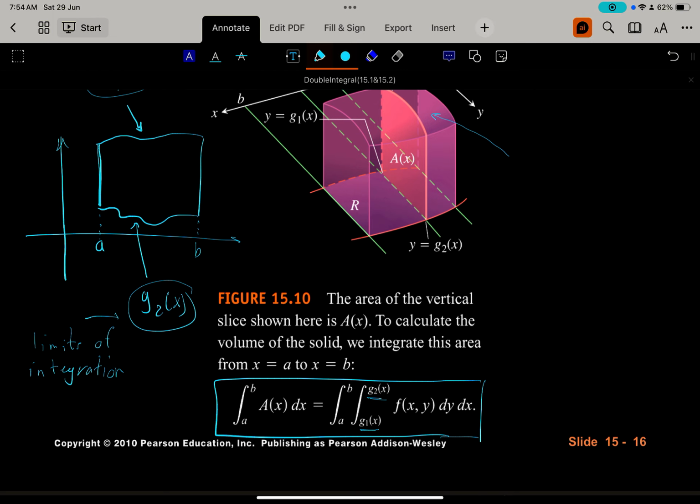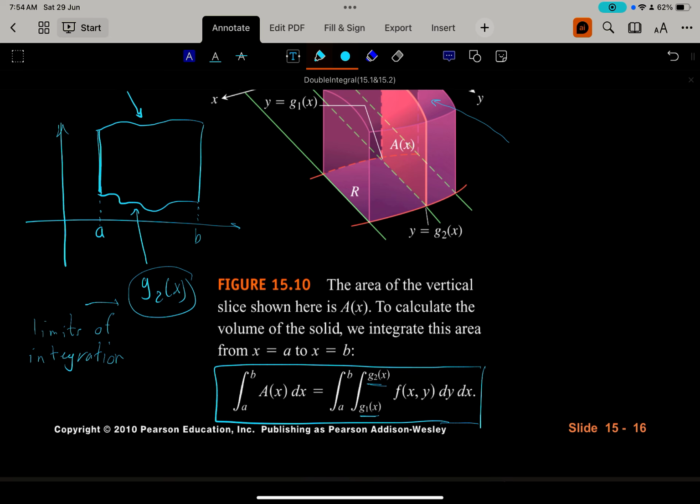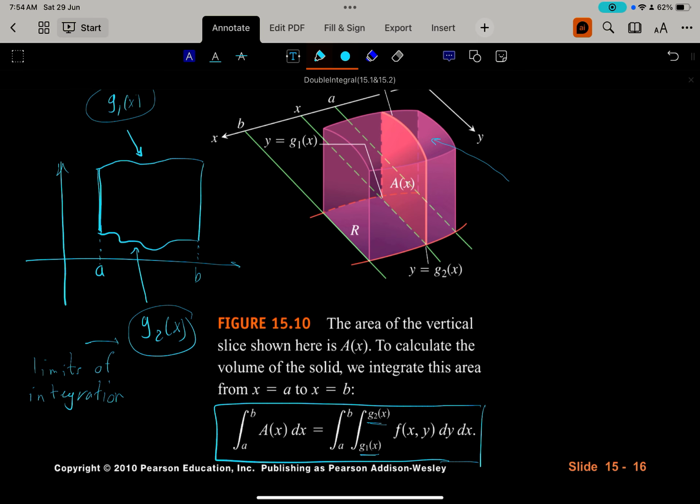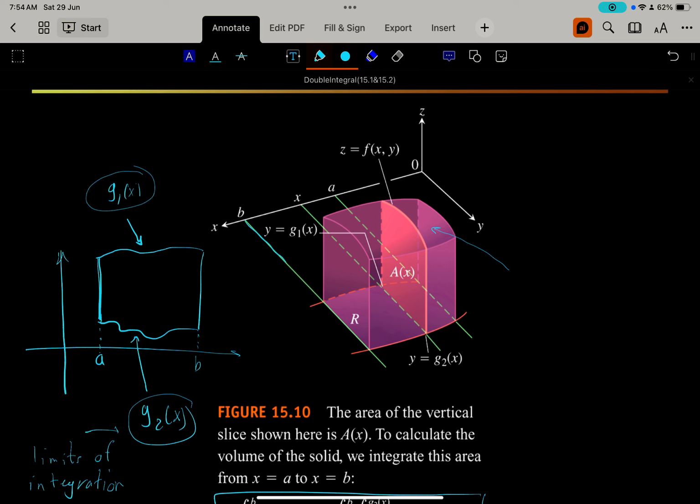I hope you can visualize this. And then for the x's, if we're integrating over x, we integrate from a to b. You can see this is the line b, and this is the line a, and this is the function g2 of x, and this is the function g1 of x, and this is the region R. And we are integrating over this region, finding the volume under this surface.